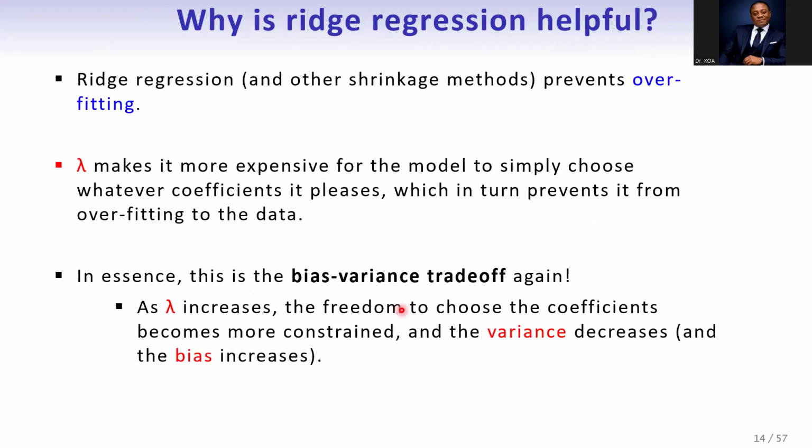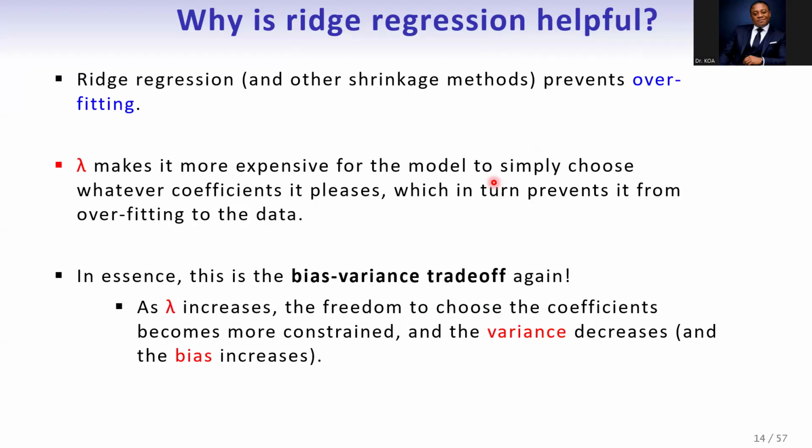Let's move on. So ridge regression is fantastic, but it has a problem. It has some, but it's very fantastic. Let's look at some of the beautiful things. The hyperparameter tuning parameter makes it more expensive for the model to simply choose whatever coefficient it wants.